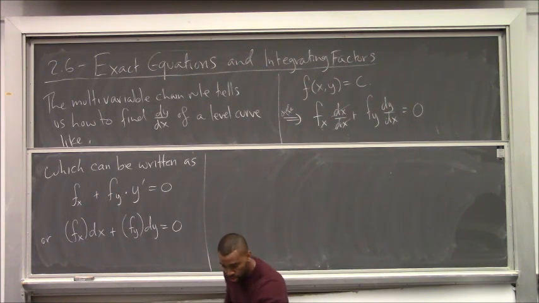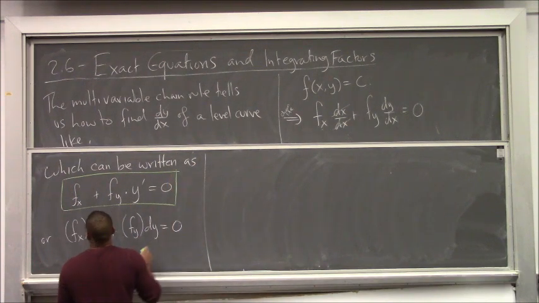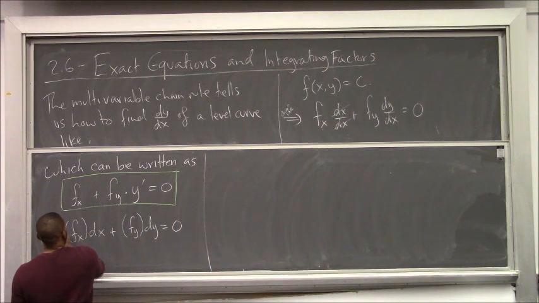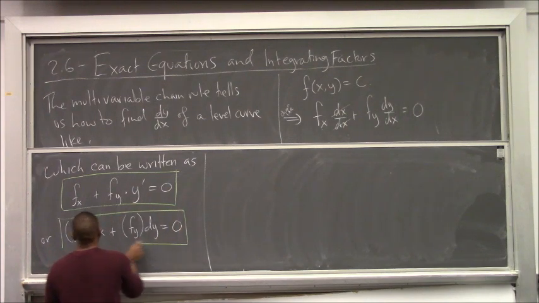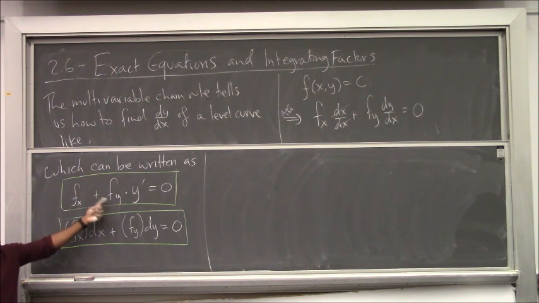Now, what you should notice here is that, is it linear? Not really. Well, it depends on what the functions are. We don't know if it's linear because we don't know how these functions look.